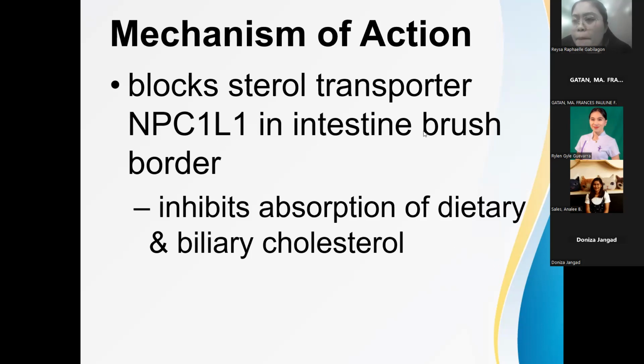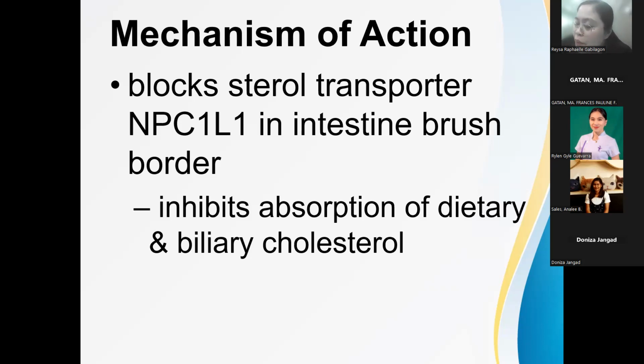Kung i-compare natin sila with the oral hypoglycemic drug, parang acarbose, parang alpha-glucosidase inhibitor. Di ba si alpha-glucosidase inhibitor inhibits the enzyme that will degrade the carbohydrates para hindi siya ma-absorb.